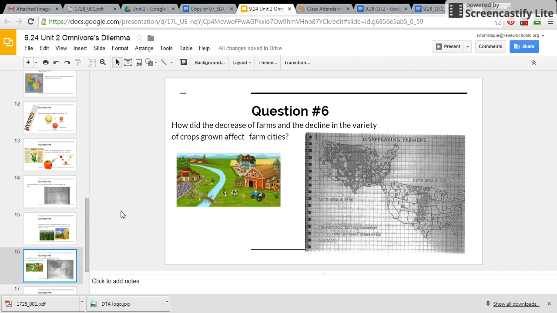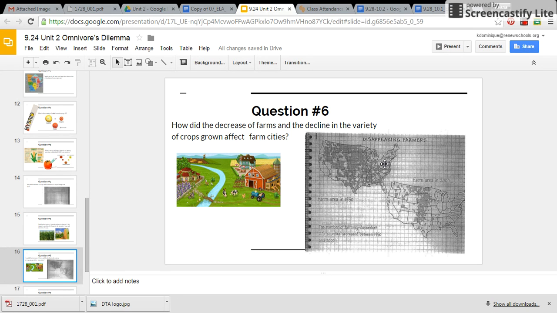Question number 6. How did the decrease of farms and the decline in the variety of crops grown affect farm cities? So you can see in this graphic right here, the title of this map is Disappearing Farms.